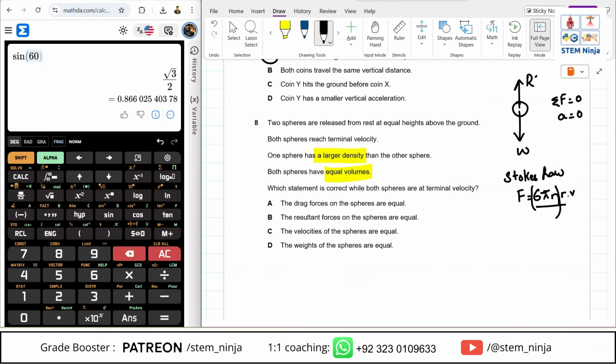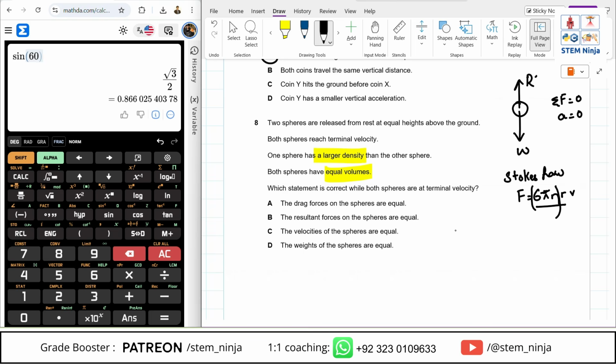Both of them will have the same acceleration initially, because mg acceleration would be the same since they're just falling from rest. So they will undergo the same acceleration initially, but the change in speed for them will be different.